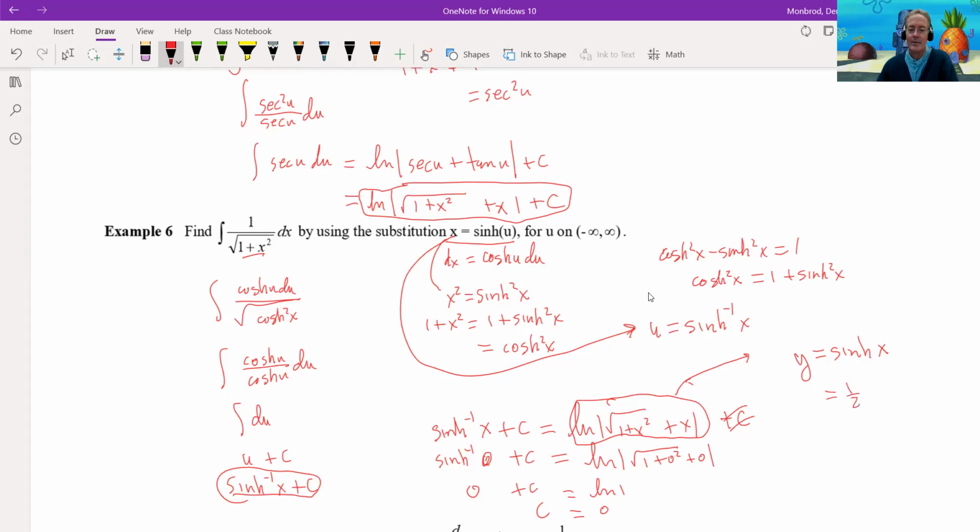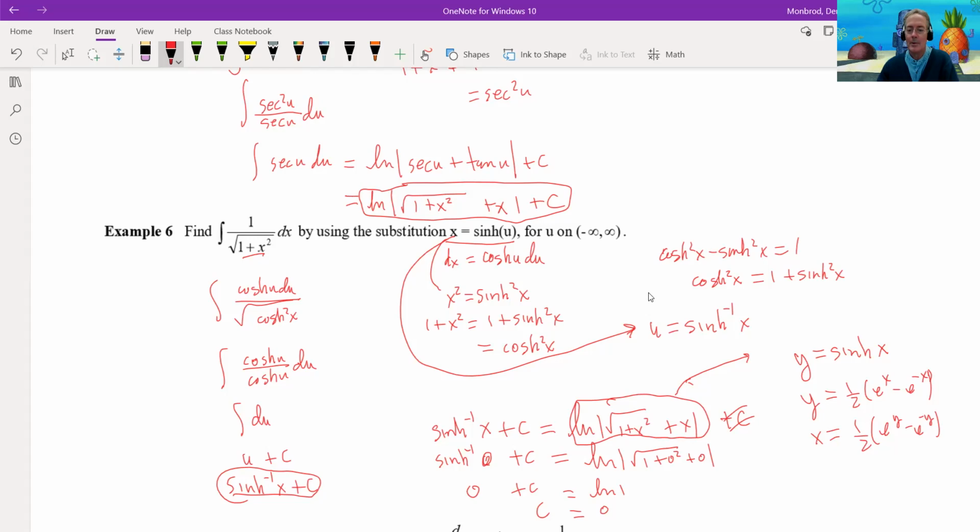This is 1/2 (e to the x minus e to the negative x). And that's why if you switch the x and y, we can actually solve this for y. That's a little bit of a challenge for you, but if you do so, you're going to end up with the same expression we have here.